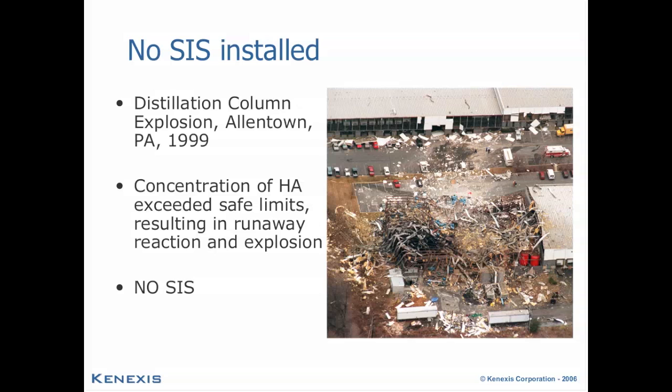Now, there are a number of causal factors associated with this, as well as all major incidents, but I would at least posit the thought that for a scenario where there could be such severe consequences, a system that automatically detects out-of-control process conditions and shuts the process down automatically might be considered a valuable component in the overall risk management structure if certain hazards and risks like this are involved. In this case, there was no SIS available.